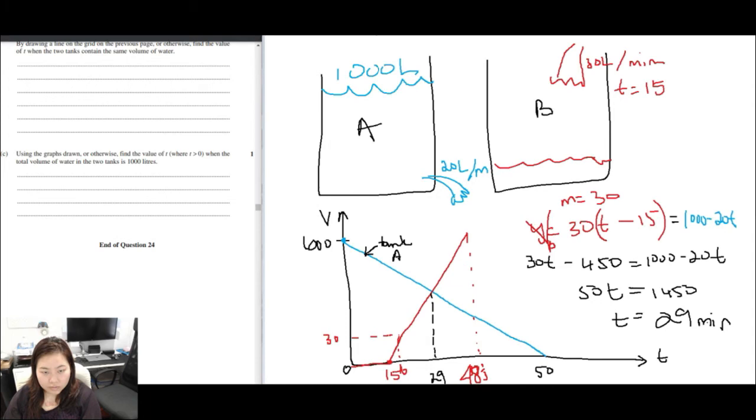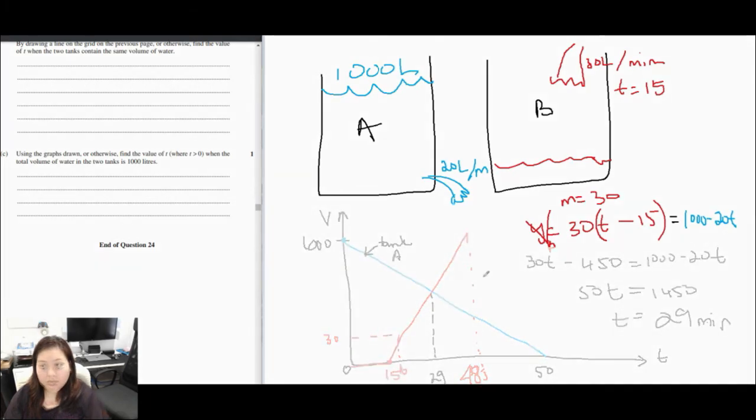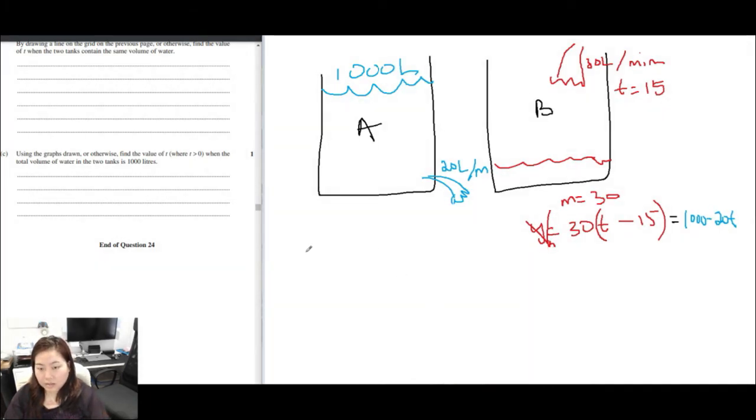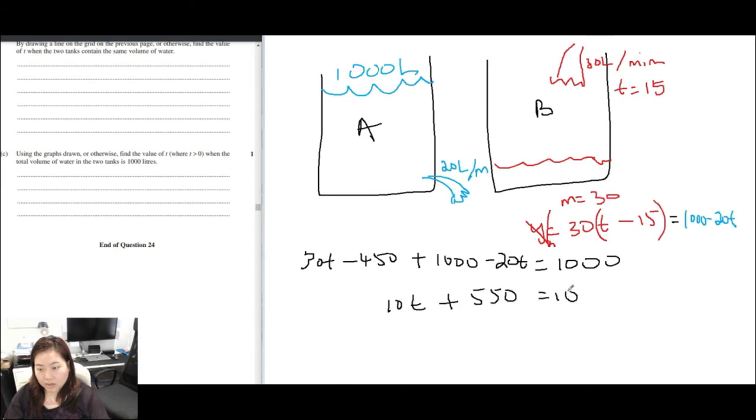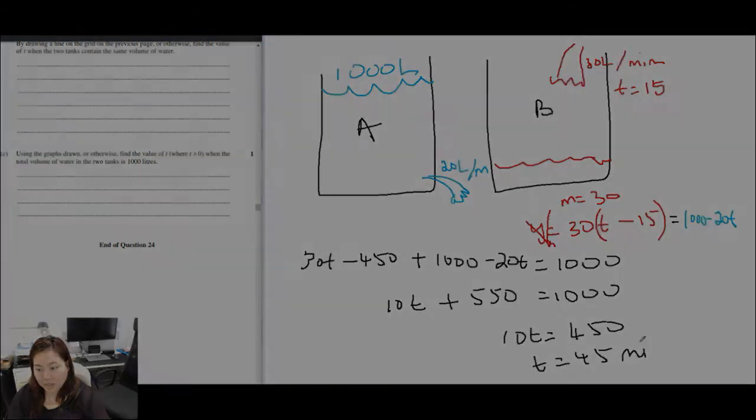Total volume of two tanks, so that's 30t minus 450 plus 1000 minus 20t equals 1000. Okay, so that's 10t plus 550 equals 1000. 10t equals 450. Oh yeah, I could have just crossed those out. Never mind. T is equal to 45 minutes.